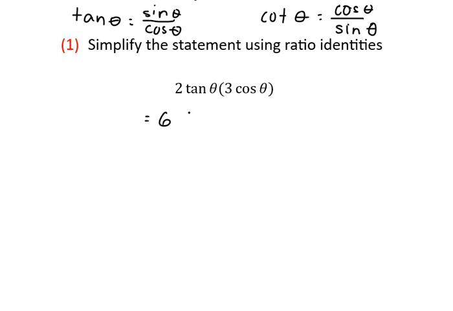Then we rewrite tangent as sine theta divided by cosine theta. And there's only one left here, which is cosine theta. We don't have to write 3 anymore because we already multiplied that by 2. Cosine theta cancels out, so the final answer is 6 sine theta.